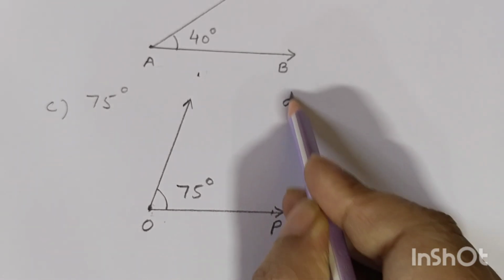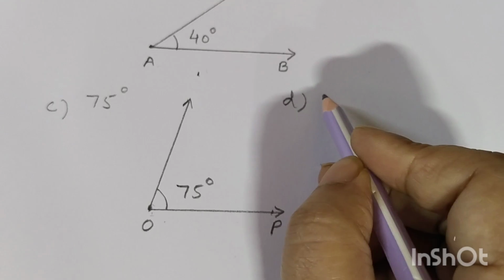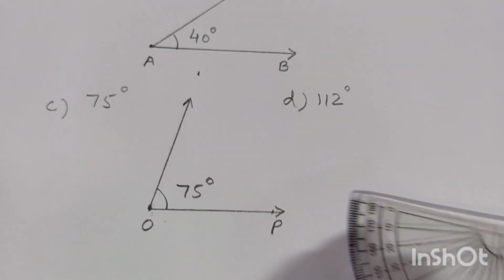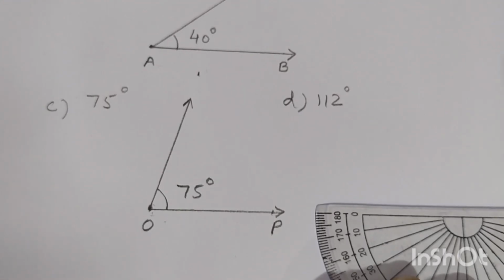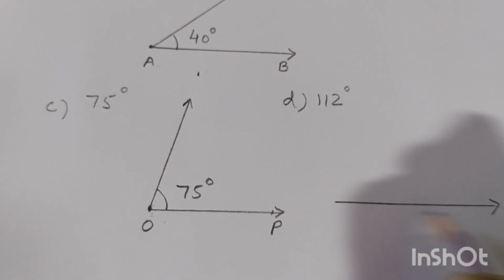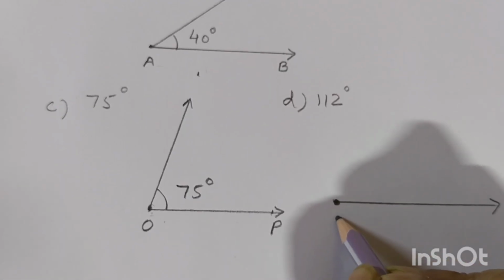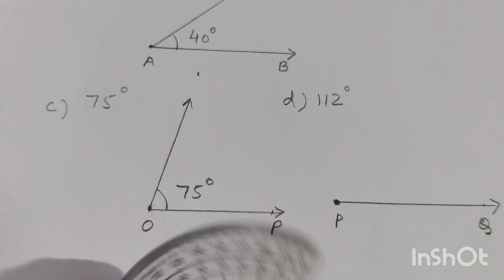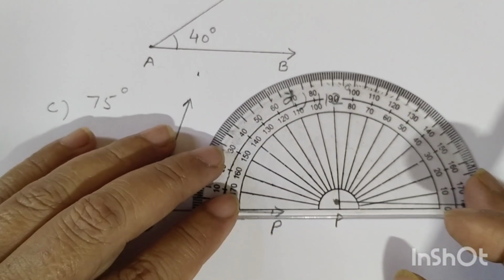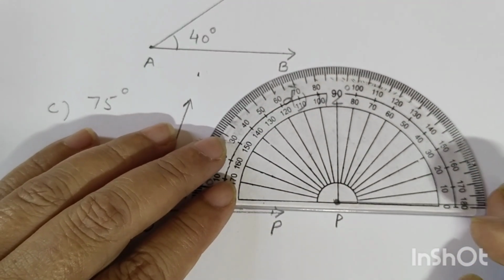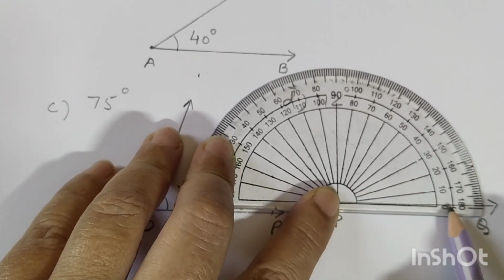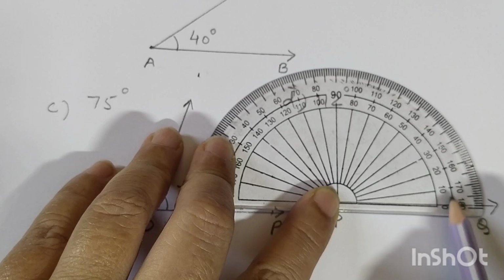Now next is D part, 112 degree. Again make a line, make a ray PQ. Here put the middle of the protractor on the point P. Starting from 0, mark 112.